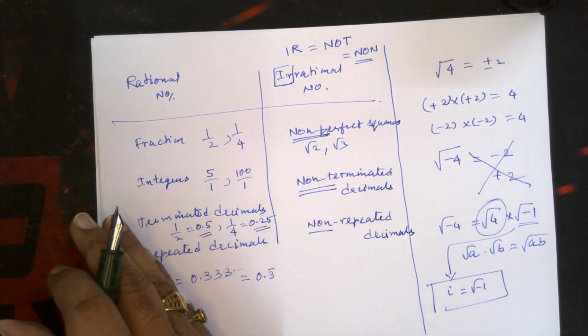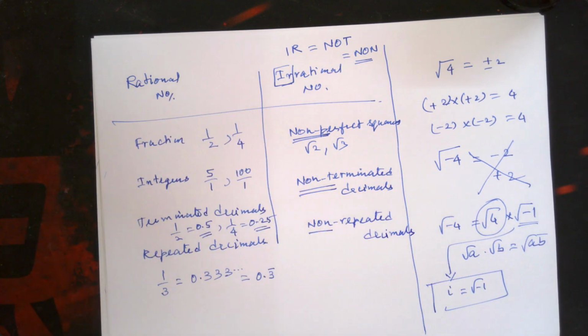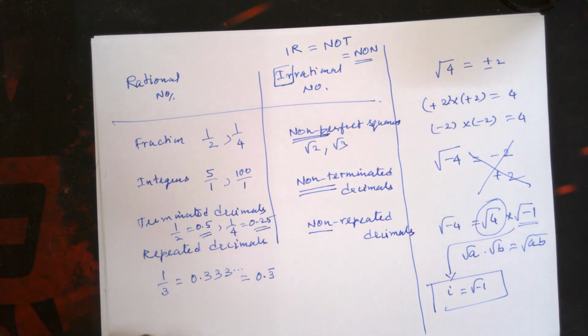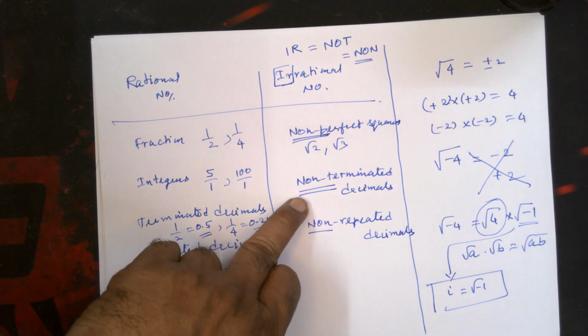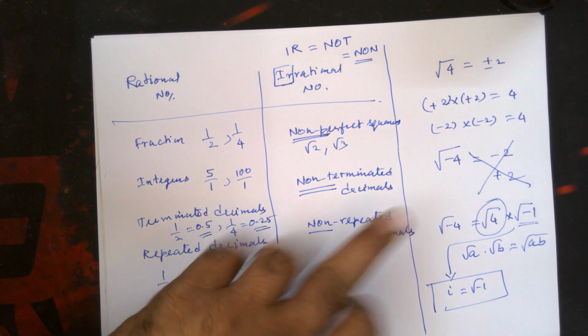The difference between rational number and irrational number. So what are rational numbers? All integers, and a rational number can be represented by P by Q, and they can yield either a terminated decimal or a repeated decimal. It may be non-terminated, but still it is repeated. But in this case, they result in non-terminated and non-repeated decimals. Are you able to follow this?